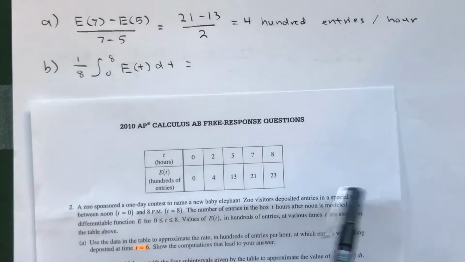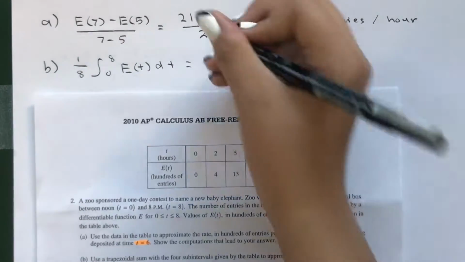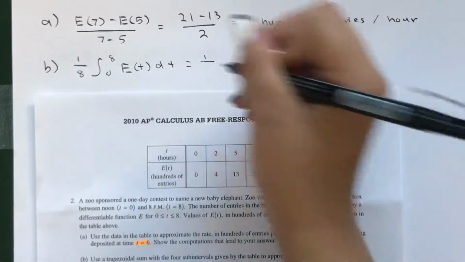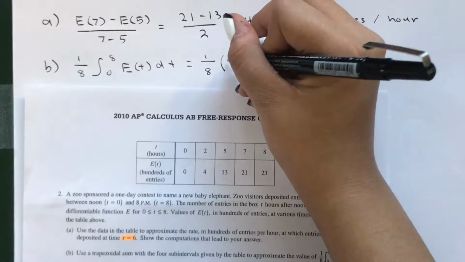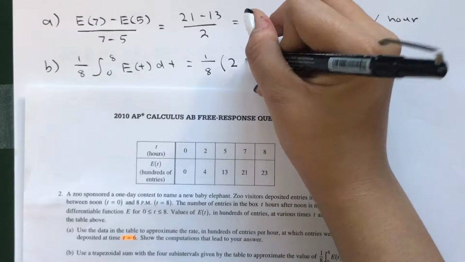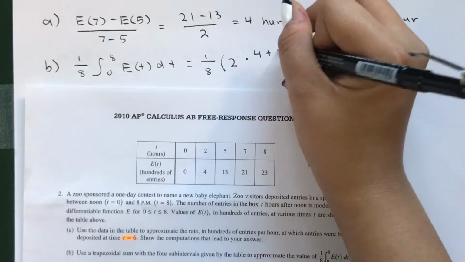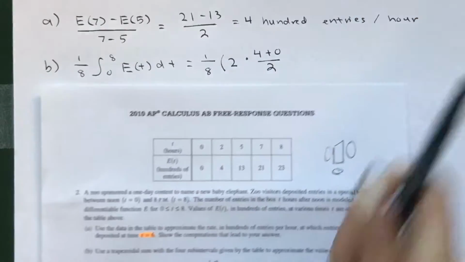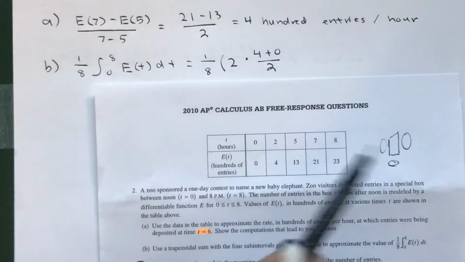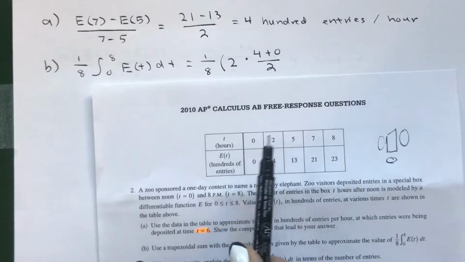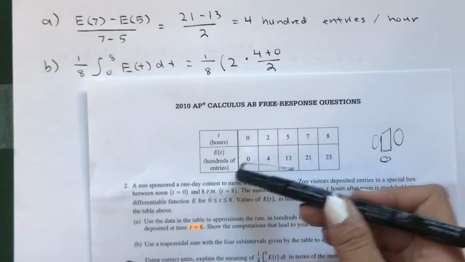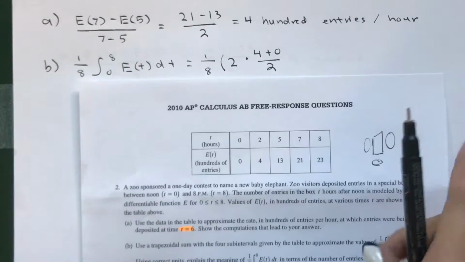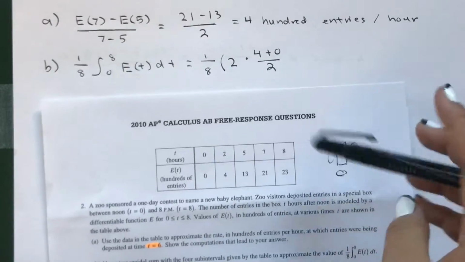And we know that we need to use trapezoids in order to find this integral. So you do 1/8 times 2 times (4 plus 0) divided by 2. And you do this because 2 is the width, and you have to do 4 plus 0 because those are the technical heights of the trapezoid.